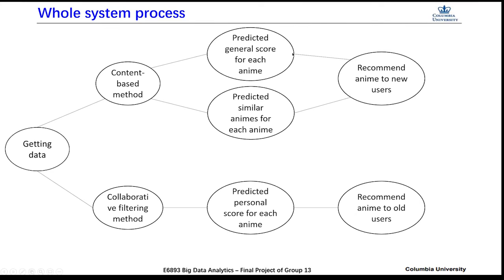And then for combining the two results we get here, we can recommend an anime to new users. And for the collaborative filtering method, we use a deep learning neural network to predict the personal score for each anime, and then recommend the anime to the old users.